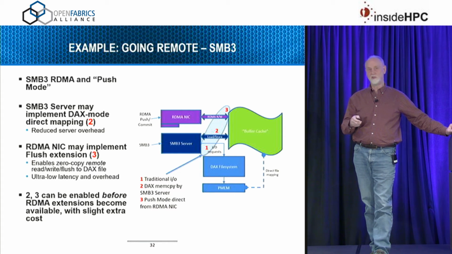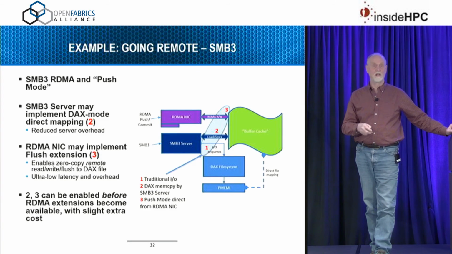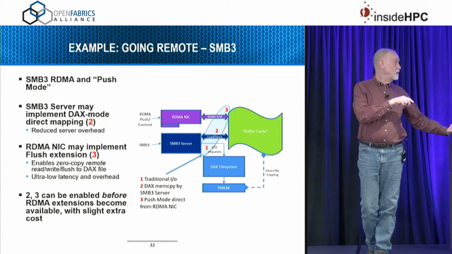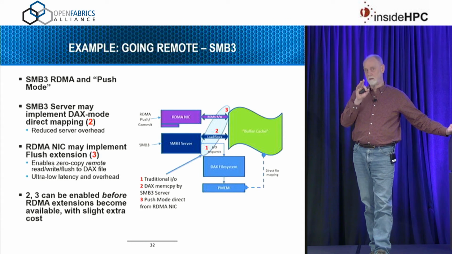By doing push, you avoid all the overhead on that server process. It doesn't even take an interrupt. Only the NIC in the purple box performs the operation. We've been able to measure that in the sub-10 single-digit microsecond range.